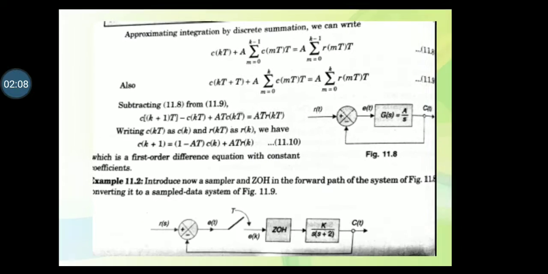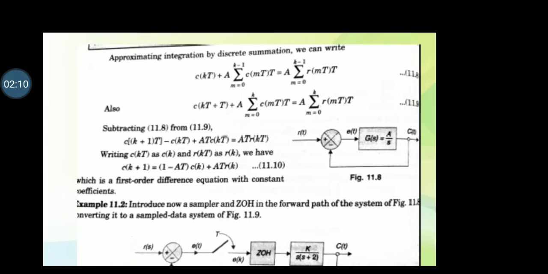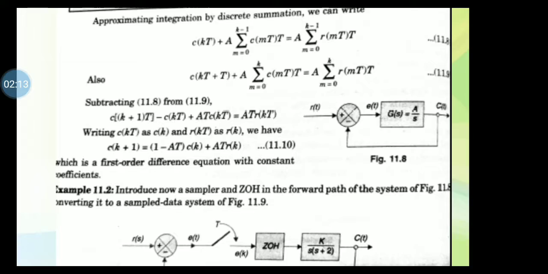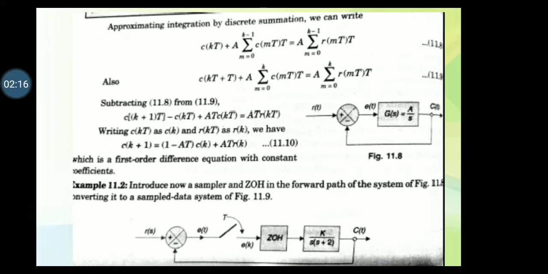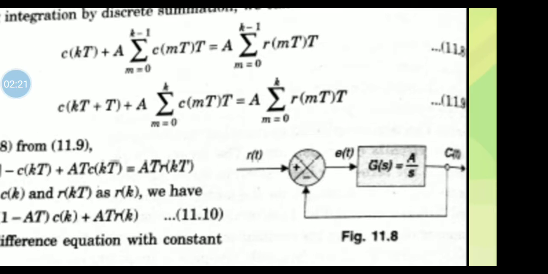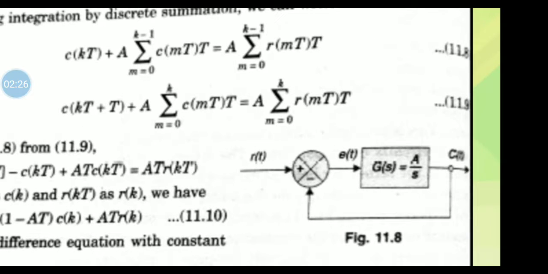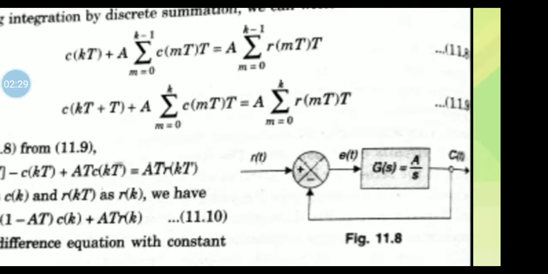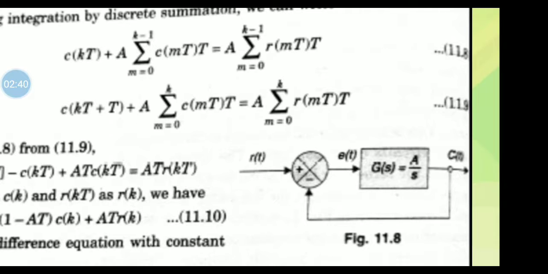Now we'll proceed. Approximating integration by discrete summation, we can write c of kT plus a summation m is equal to 0 to k minus 1 of c of mT into T is equal to a summation m is equal to 0 to k minus 1 of r of mT into T. Similarly, c of kT plus T plus a summation m is equal to 0 to k of c of mT into T is equal to a summation m is equal to 0 to k of r of mT into T.